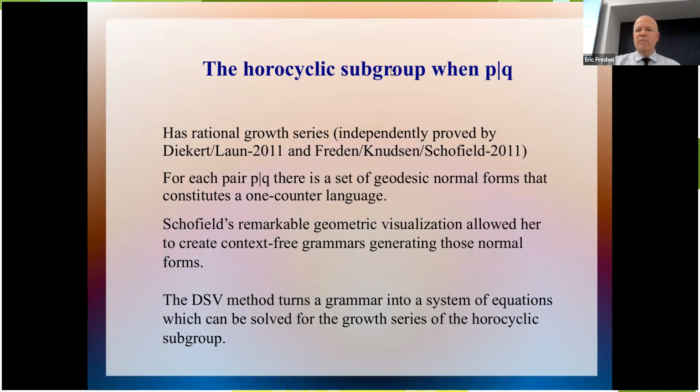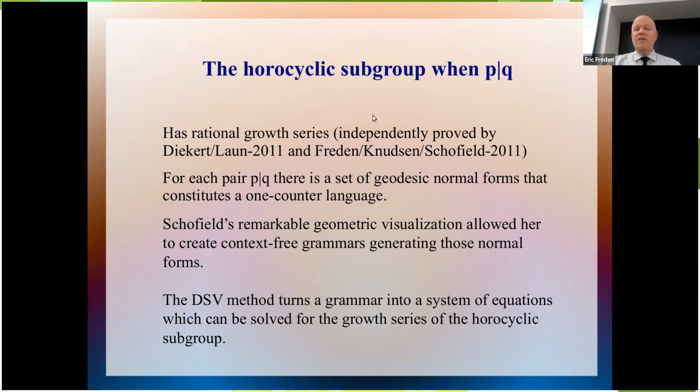So the horse, when P divides Q, the horse subgroup is always rational growth. And our very own Volker Diekert in the audience and his student also discovered this about the same time that we did. They used independent methods and proved the same result.